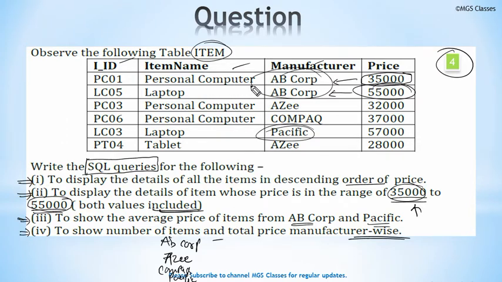So AB Corporation is manufacturing 2 items, PC and laptop, so its count will be 2. AG is manufacturing only a laptop, its count will be 1. Compact is also manufacturing 1 item, so its output is also 1. And Pacific is also manufacturing 1 item. So AG is manufacturing 2 items, sorry, so its output will be 2, remember. And Compact and Pacific are manufacturing 1 item only, so output should be 1.